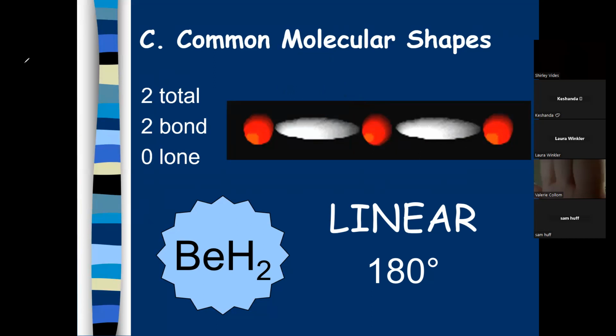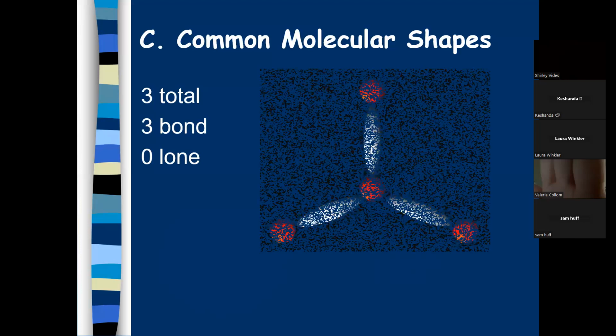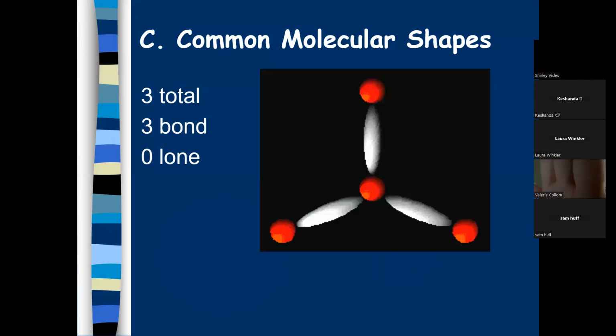All right, so for that one, it's a linear. Remember that. Now we have 3 bonds, okay? So if we have 3 possible things around the central atom, whatever it may be, the central atom obviously is the thing in the middle. And then the bonds are going to be, well, think of how do you divide a circle into 3 parts?